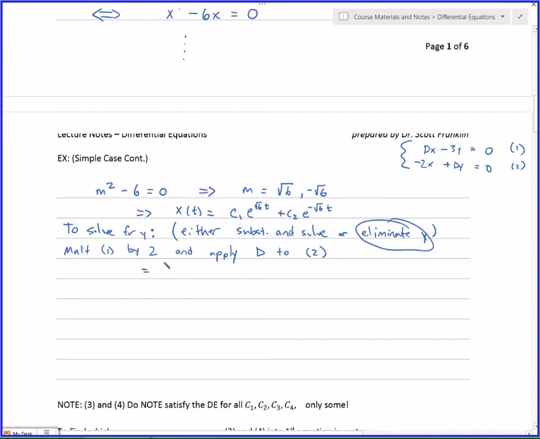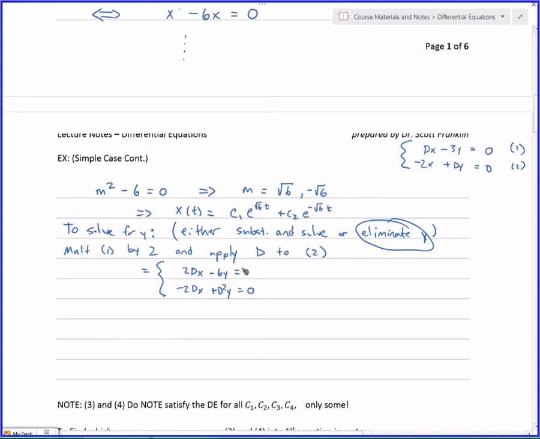Which means we get the system 2dx minus 6y equals 0, and we get minus 2dx plus d squared y equals 0. Add them up.